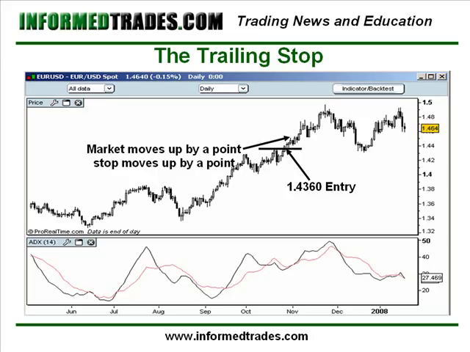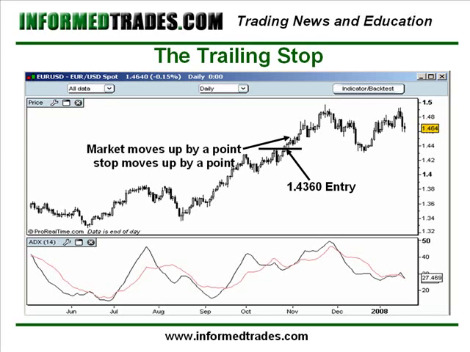But if after the market moves up to 144, it pulled back to say 143.80, your stop is still going to be at 143, because the trailing stop only moves when the market moves in your favor. It does not move when the market moves against you. That's sort of the purpose of it.